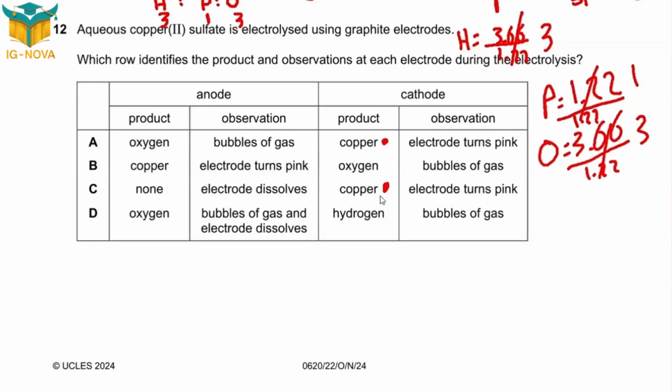Again, in copper sulfate electrolysis, in both cases at the cathode copper will deposit, and the observation is a brown-pink solid.